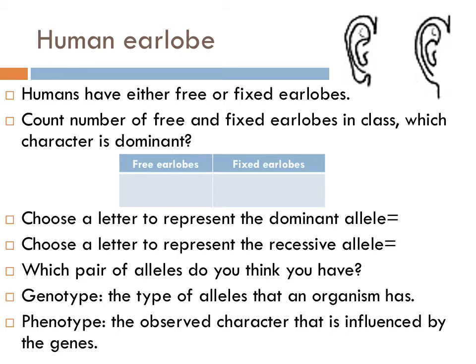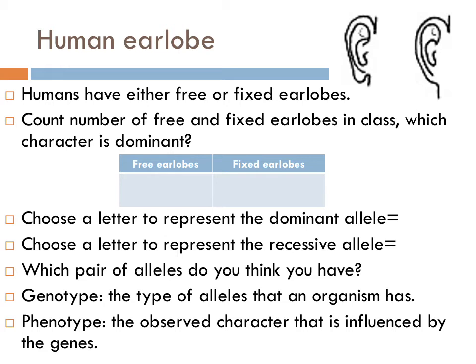You can do this at home with your family members and try to count how many free and how many fixed earlobes we have at home or in class. And then let's think which is dominant. I'm going to leave this as homework for you. After studying a big sample of humans, try to do this with at least 10 people.